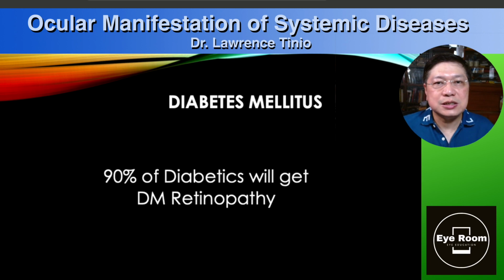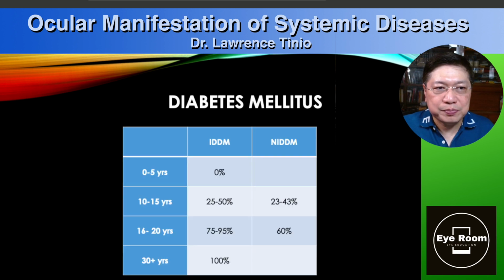Now, the truth is, a lot of diabetics will get diabetic retinopathy in their lifetime. As much as 90% of all diabetics will eventually get diabetic retinopathy. Now, as for the time that you get it, usually depends on how long you've had your diabetes. For insulin-dependent diabetes mellitus, you see it earlier.